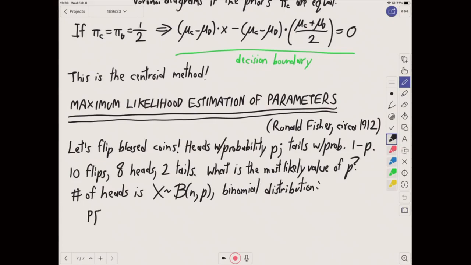The probability of getting little x heads exactly is n choose little x times p to the power of little x times 1 minus p to the power of n minus little x. So again, this is the probability of getting exactly x heads when you do n coin flips.